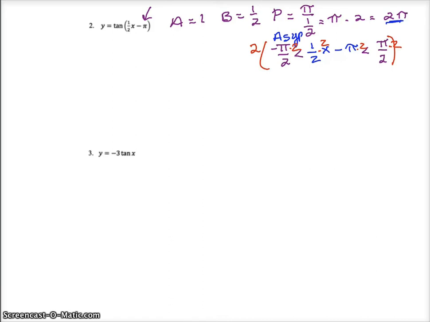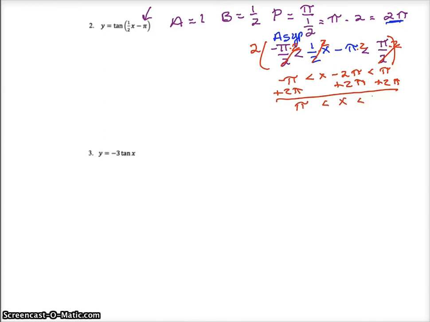Okay, and that leaves us with negative pi is less than x minus 2 pi is less than pi. And then if I add 2 pi in the middle and on both ends, we find that our new asymptotes are at pi and 3 pi.